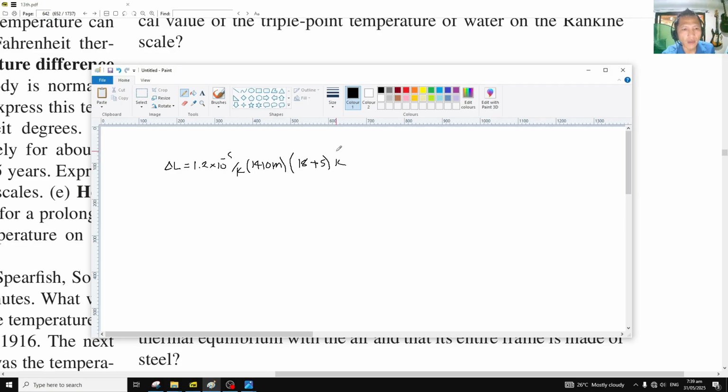Celsius and Kelvin are the same for delta T. That gives us 0.39 meters, with the Kelvin cancelling.